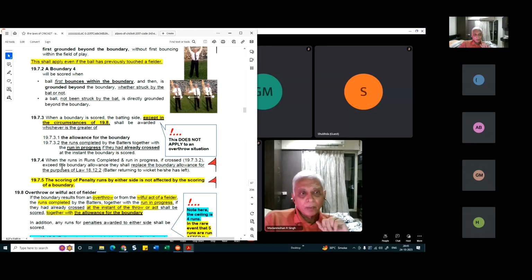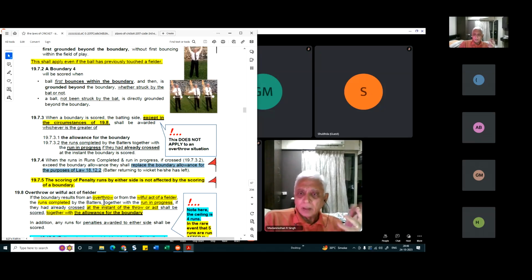And moreover, the runs completed and run in progress, if crossed, if they exceed the boundary allowance, shall replace the boundary allowance for the purpose of law 18.12.2, which means that for the purpose of deciding who is to take strike, it will be on the basis of 5 runs because I have allowed 5 runs.